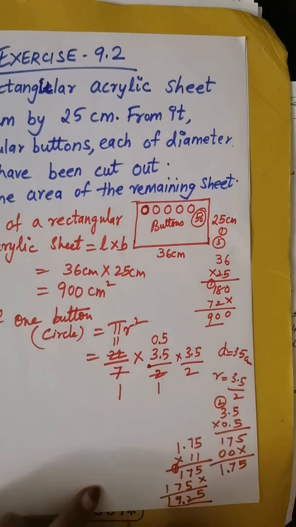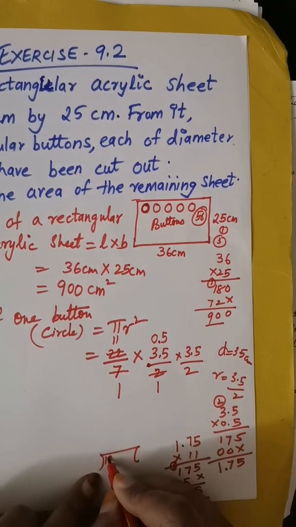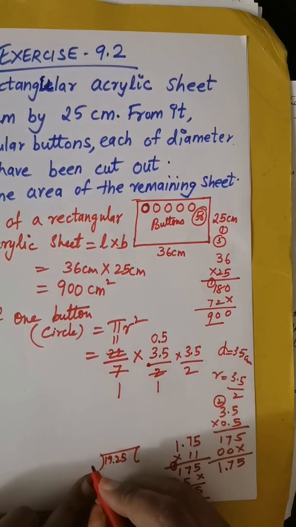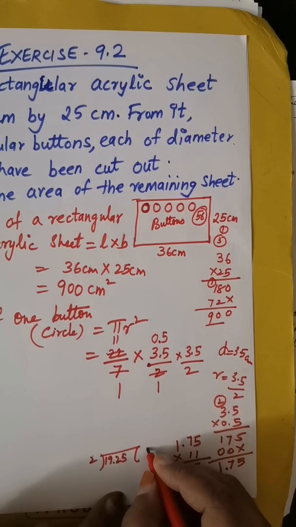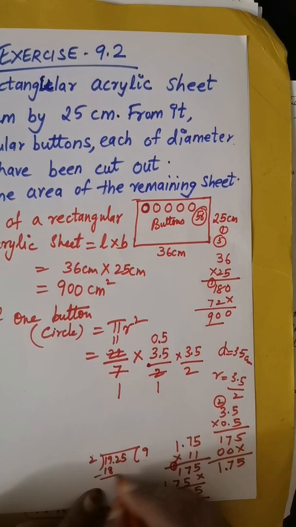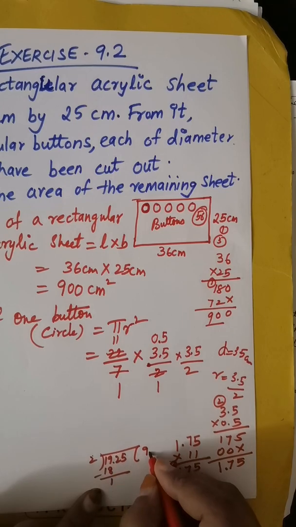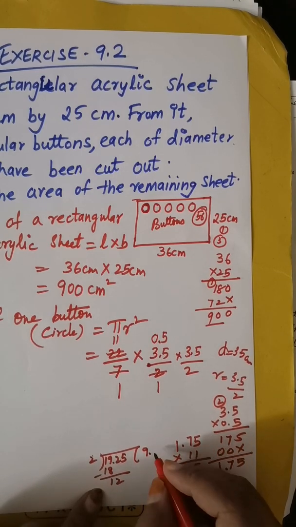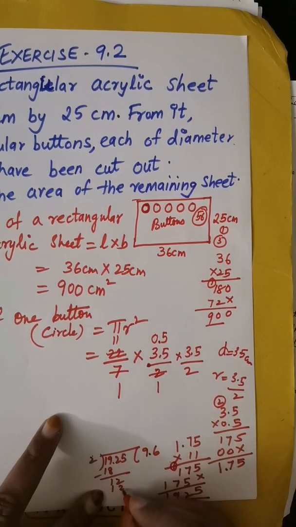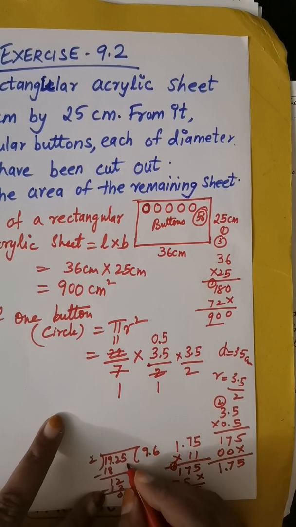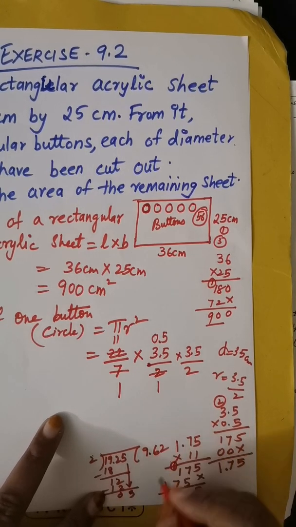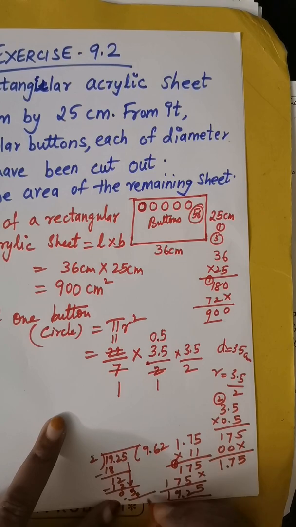Now you have to divide it by 2. 19.25 divided by 2. 2 9s are 18. 1 remains. Since the point is there, put point, bring down 2. 2 6s are 12. 0, bring down 5. 2 2s are 4. 1 remains.